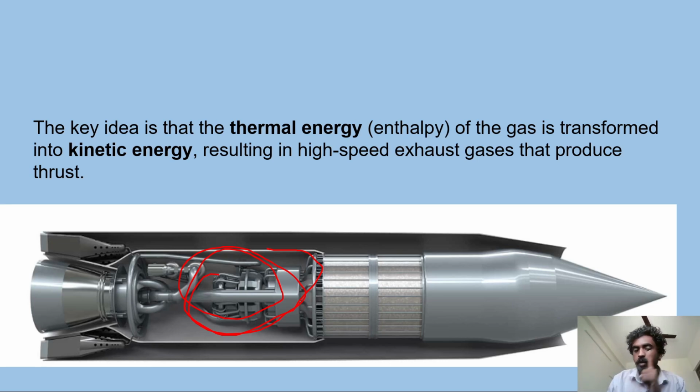We are not allowing the gas to move at high velocity in the combustion chamber. So when the gas passes through the nozzle, it expands in all directions at very high speed. So the main point: thermal energy, enthalpy, converts into kinetic energy, and that produces very high velocity exhaust gas, and that pushes the rocket forward.